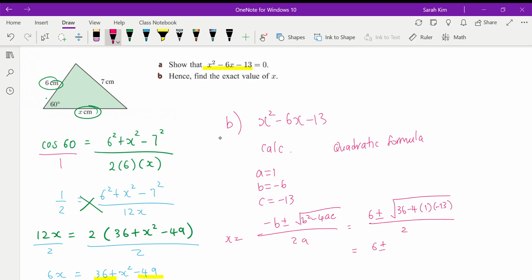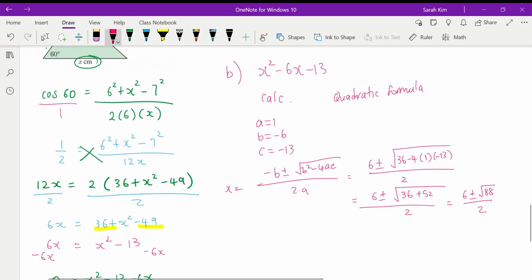So that's 6 plus or minus square root of 36 plus 52 divided by 2. So I get 6 plus or minus square root 88 over 2.